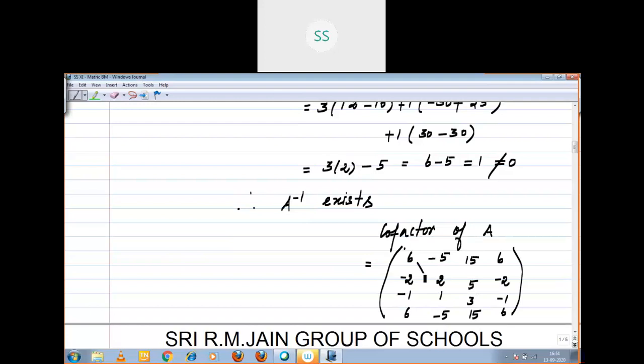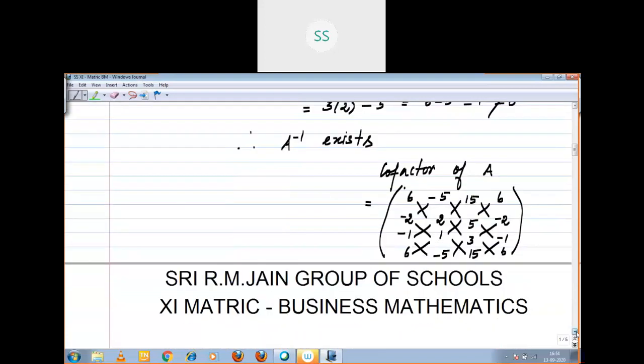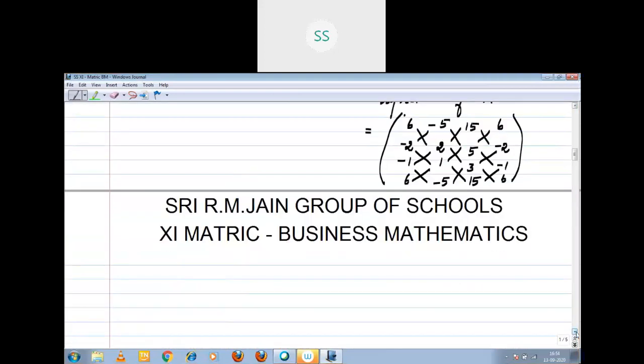Now you see, product of main diagonal minus product of sub-diagonal. That concept you are going to use here. Right, children? Now you see, if you find cofactor only, you will get the result. Right.